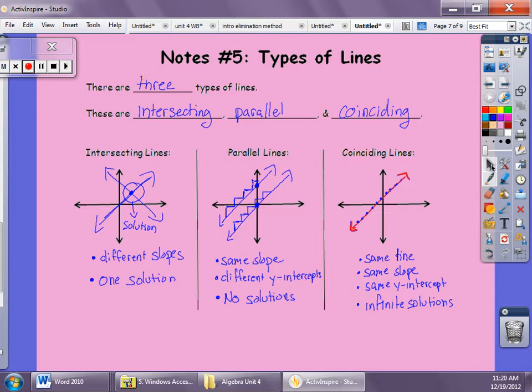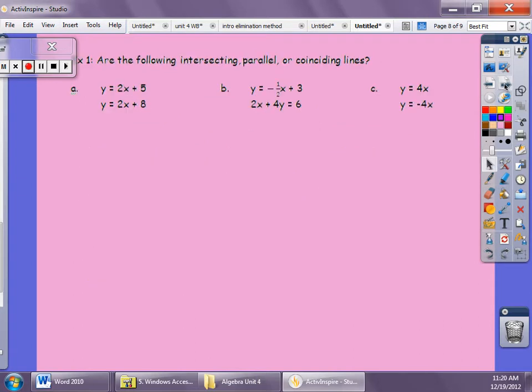Now let's look at a couple examples. Example 1 says, are the following intersecting, parallel, or coinciding lines? What we want to look for first is the slopes. We have a slope of 2, and we have a slope of 2. So they have the same slope. Since they have the same slope, we look at the y-intercepts.